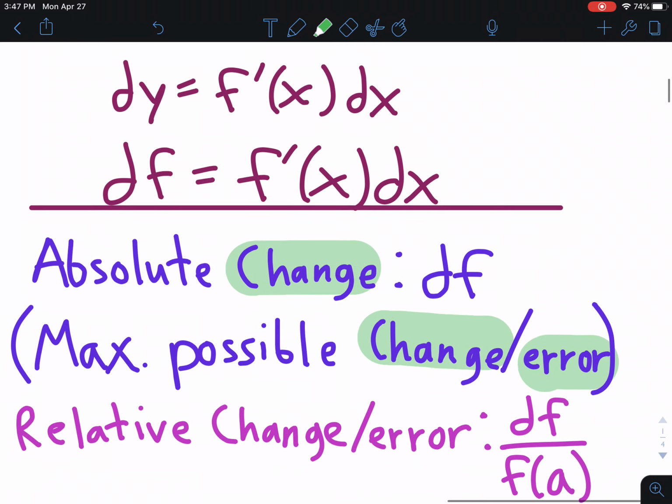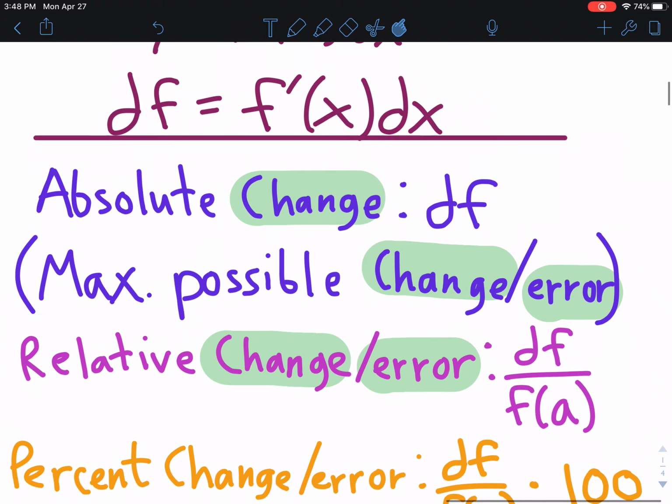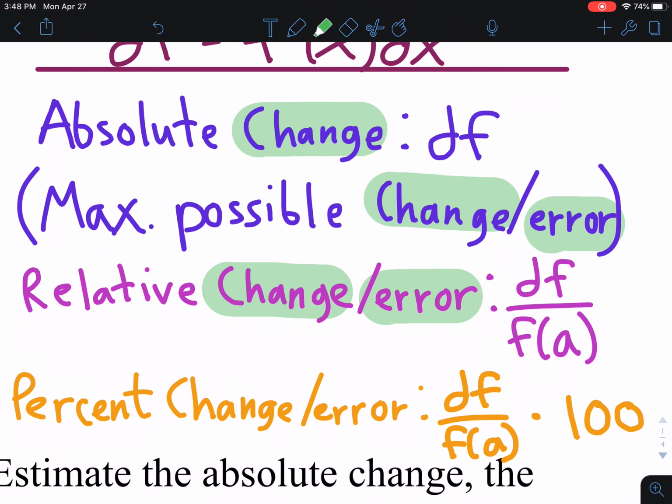Relative change, or relative error, is another thing we're going to calculate, and that is going to be the ratio of the differential of the output compared to the original output. So df over f of a, where a represents the initial value of something. We'll see this in context, and it'll make a lot more sense. The last thing we're going to calculate is percent change or percent error.